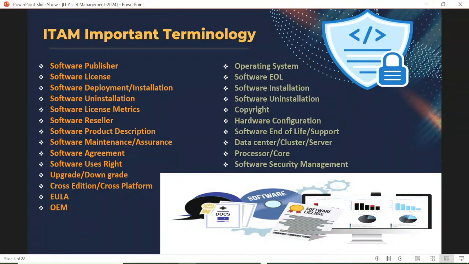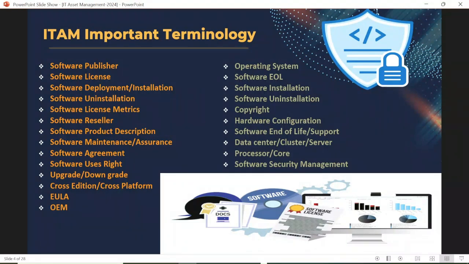With the help of software assurance and maintenance, we can upgrade, downgrade, and do the cross edition, cross platform based on the need. If we don't have active maintenance and assurance, you won't be able to upgrade your software. You cannot expect support from the publisher. So that's the importance of software assurance and maintenance.